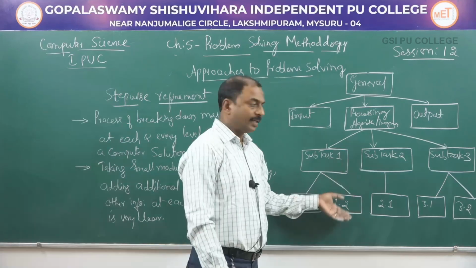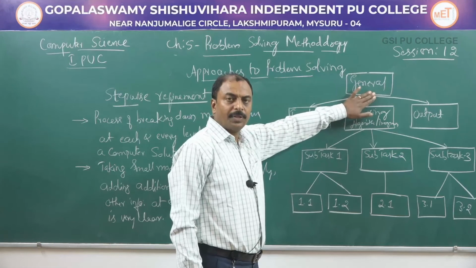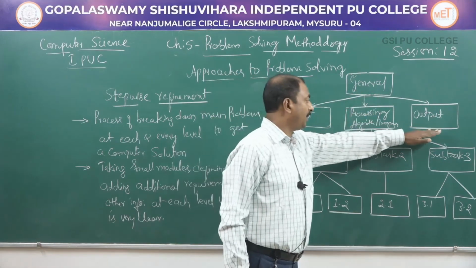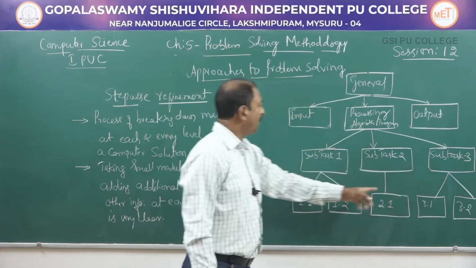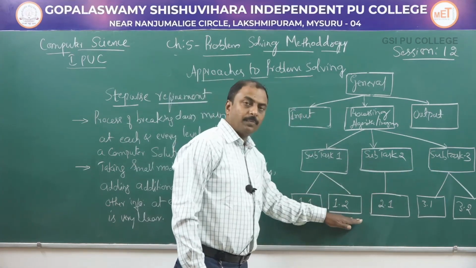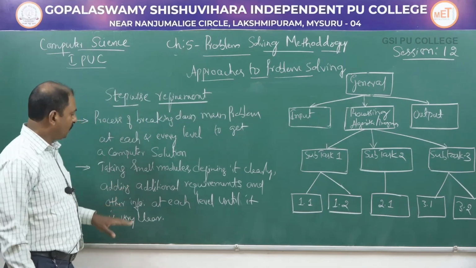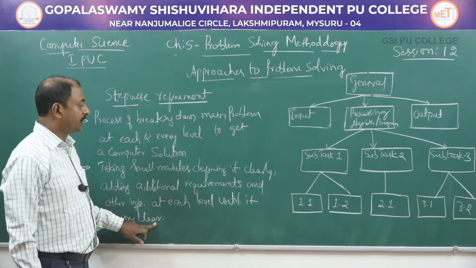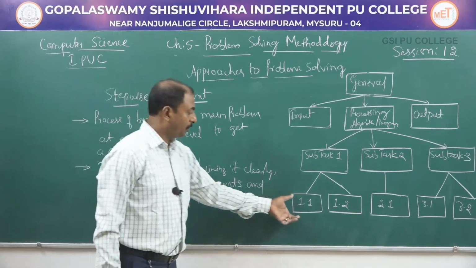That is what the diagram says. Here, the generic view will be divided into 3 sub-problems, and here we have divided this into 3 sub-tasks, again 2 sub-problems. So this process continues as long as we are getting a clear picture, or until we get clear information about this module.